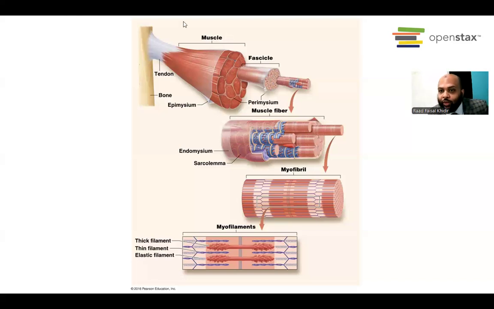Then when you move inwardly, you have multiple fascicles. Each fascicle has what surrounding it? The perimysium. The perimysium surrounds the fascicles. Then when you pull out each muscle fiber, you see that the muscle fiber is surrounded by the endomysium.